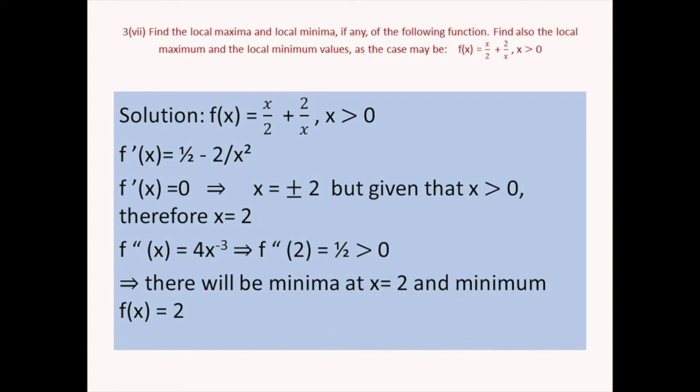And if it is greater than 0, that means it defines my minimum. So there will be a minima at the point x equal to 2, and the minimum value of the function, that is the local minima, will be 2. There is no maxima over here as per the given condition that x is greater than 0.